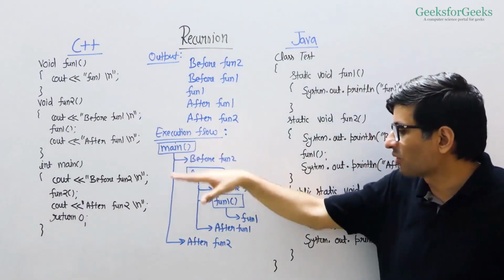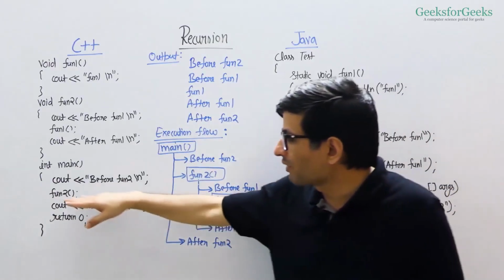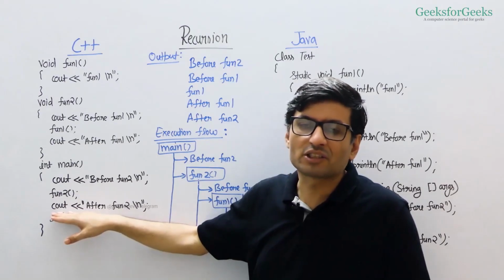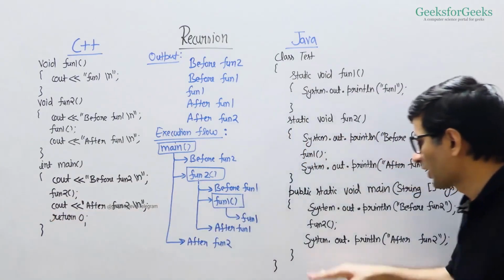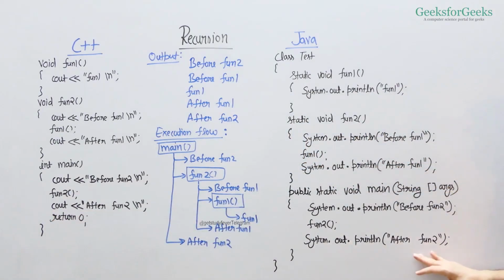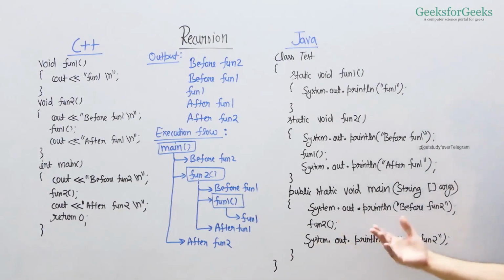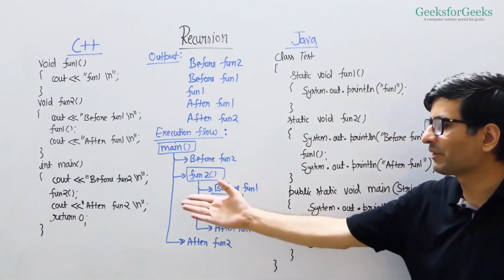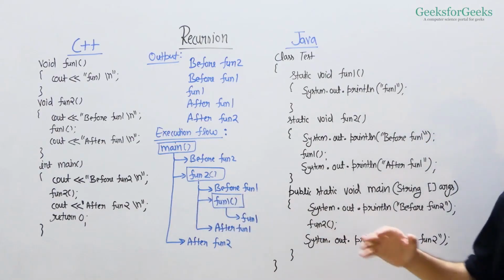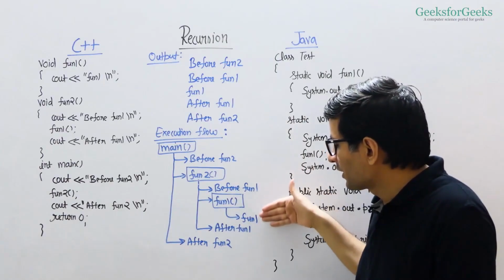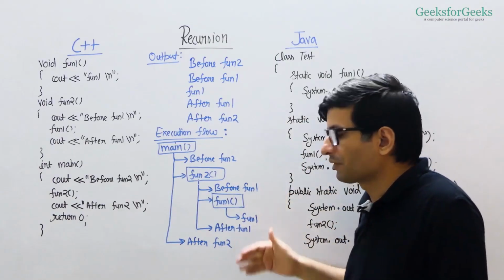So main gets the control now, and main was waiting for fun2 to finish. So main now executes the line which is after the call of fun2, so now you get after fun2 printed on the screen, and then there's nothing more to execute in the main function. Here we have written 0, here we have nothing. So this is how we get this output: before fun2, before fun1, then fun1, then after fun1, then after fun2.